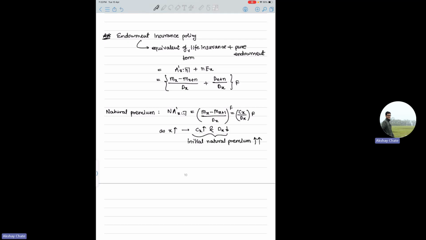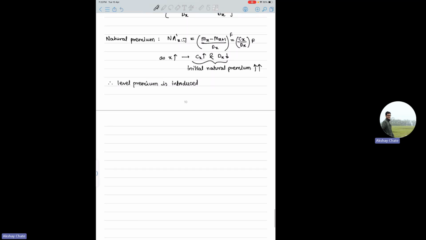So therefore they introduce something called level premium. Otherwise nobody will purchase these kinds of plans. So what they do, they don't ask you to pay everything upfront. They will ask you to pay less in the first few years, and then it will be constant for all years, so that it will compensate.